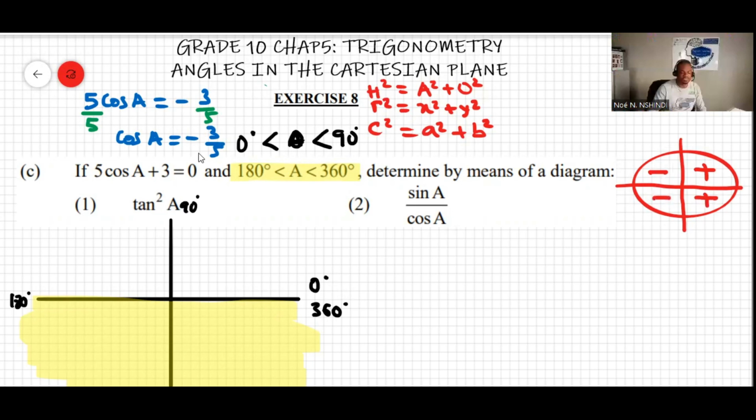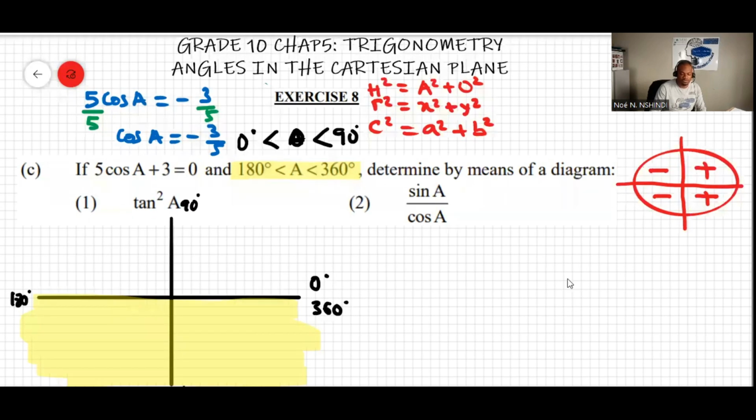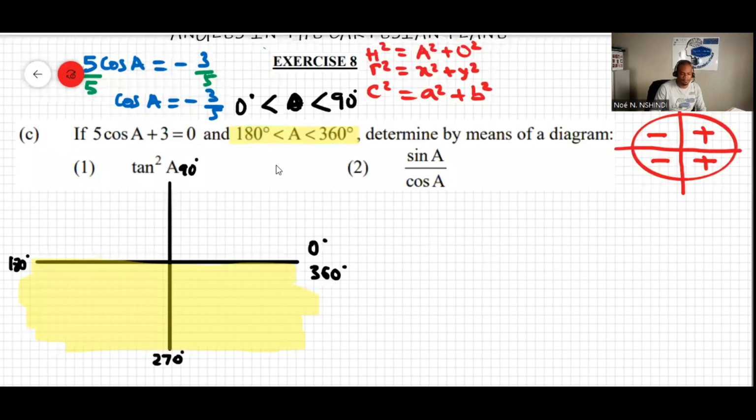Our answer is negative, so our solution can be in the third quadrant. Now let's continue: I need to draw to represent this. We have -3 over 5, so I know that my answer can be over here or there.